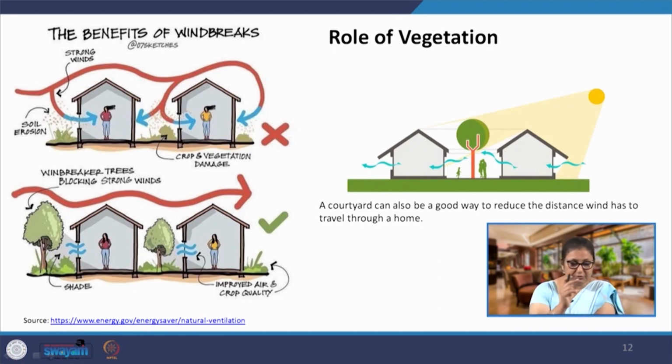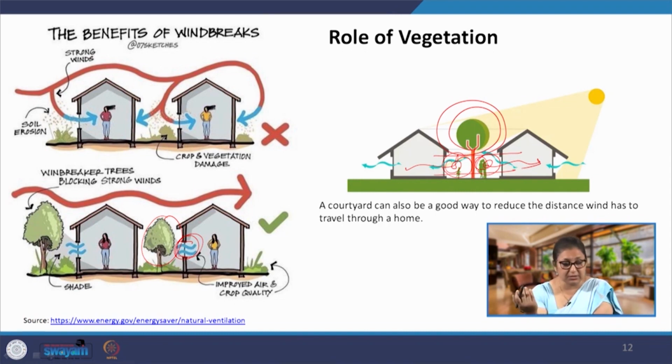So, if we have trees which are right at the level where the window is, then we are going to have the ventilation significantly reduced, while if we have trees whose canopies are higher than the window level, in that case the air will be cooler underneath the trees and it will help in natural ventilation with air which is slightly cooler than the ambient air temperature.